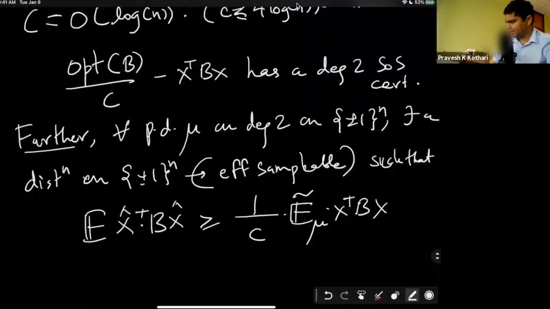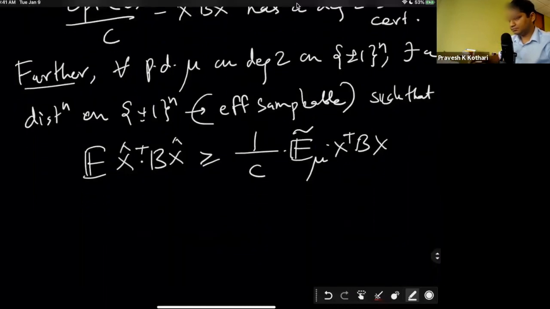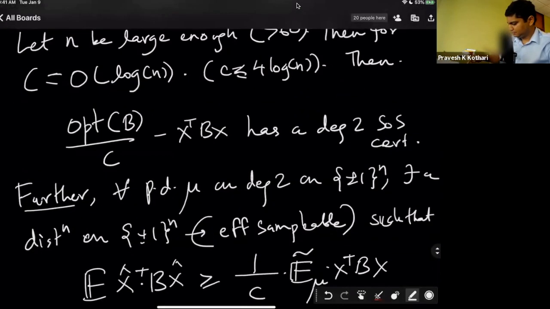Good. Yeah, that's what I'll prove. So this is just saying that we can get an order log n approximation to this quadratic optimization problem for diagonal-less matrices B.